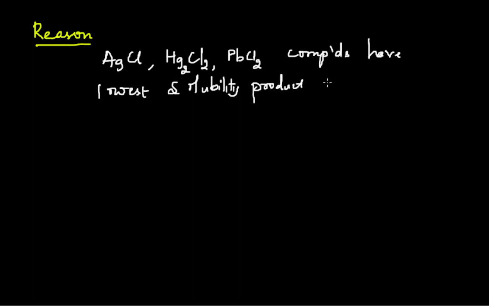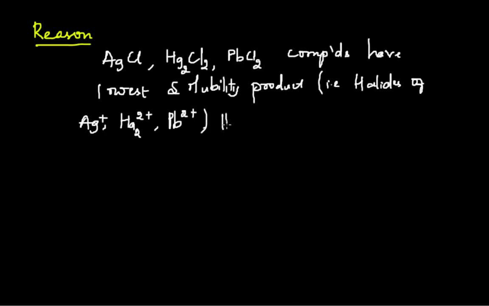That is halides of Ag plus, Hg2 2 plus and Pb2 plus, when compared with further group cation chlorides.